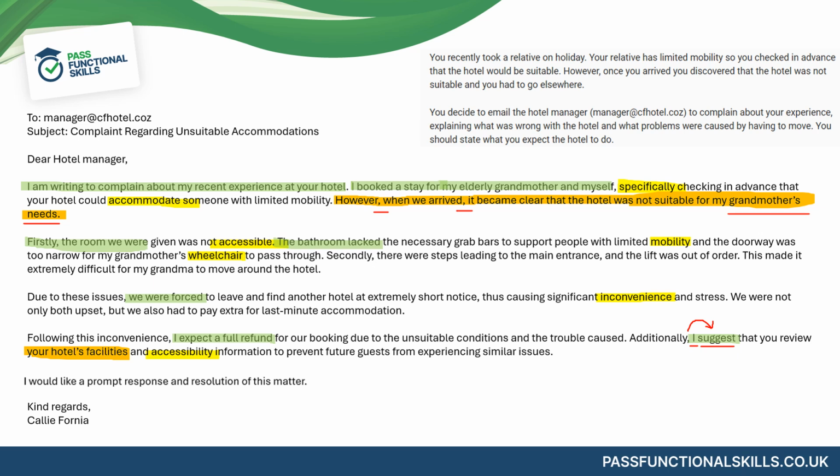We've also got definite and indefinite articles used. For example here, the doorway. That's because they're speaking about a specific doorway that was too narrow for his grandmother's wheelchair. We've got another definite article used here, the lift was out of order. So again, speaking about that specific lift that they encountered. We've also got an indefinite article used here.